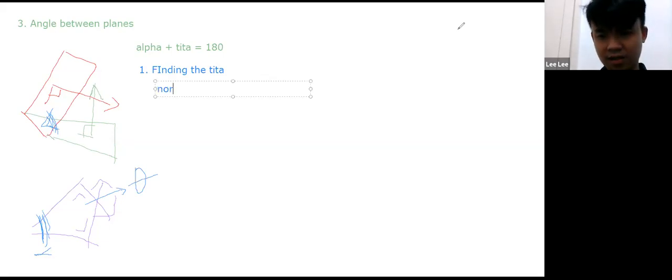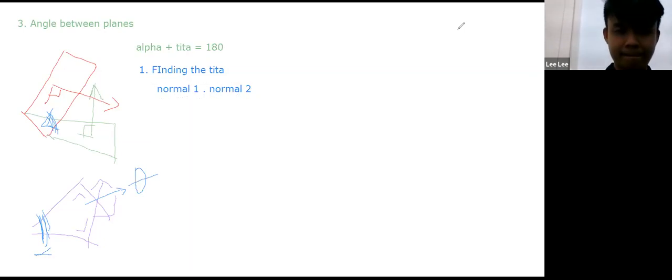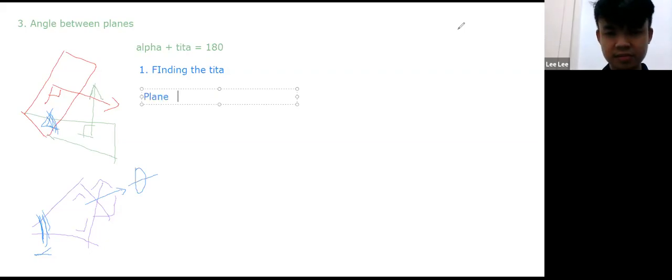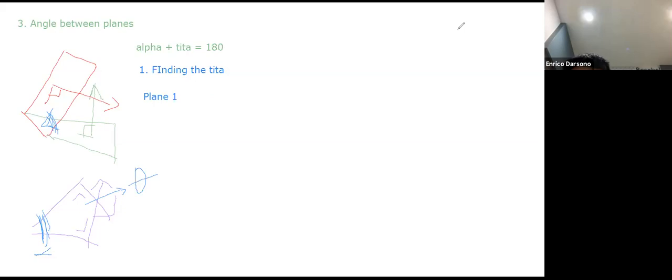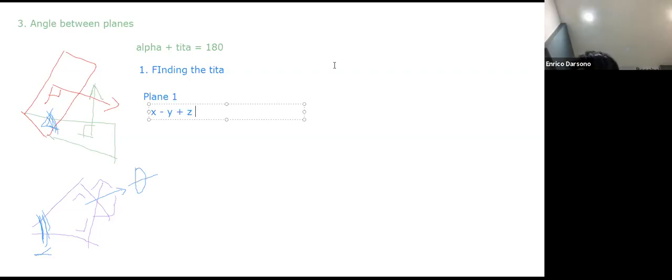So I have to take normal 1 dot normal 2, equals, using the dot rule. You know the dot rule? Equals length times length. I'll give you a number first here. Let's say the first plane is given by x minus y plus z equals 3.